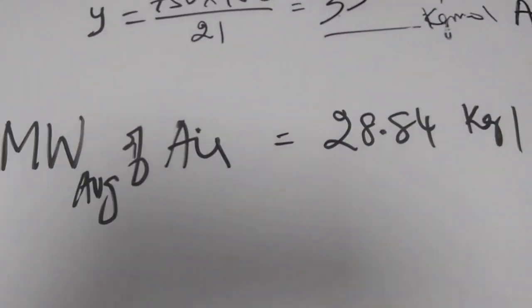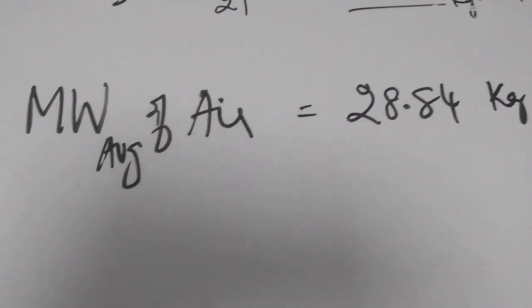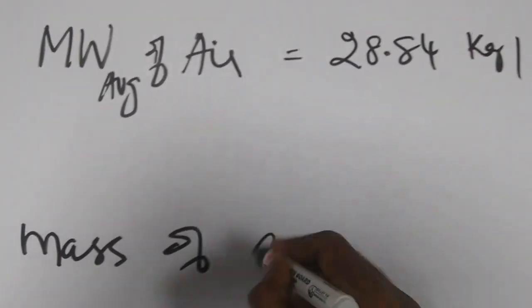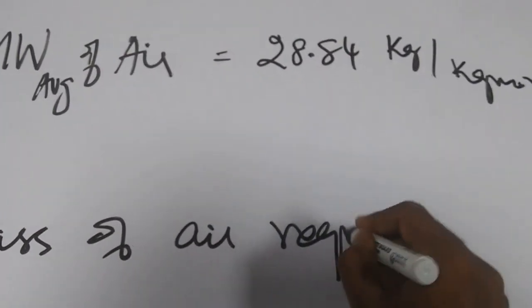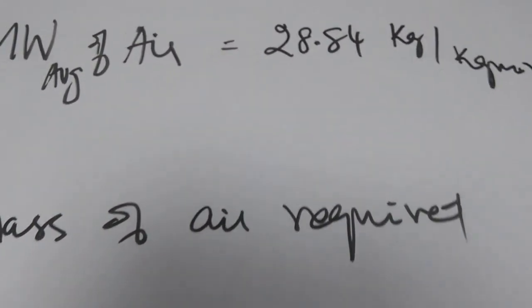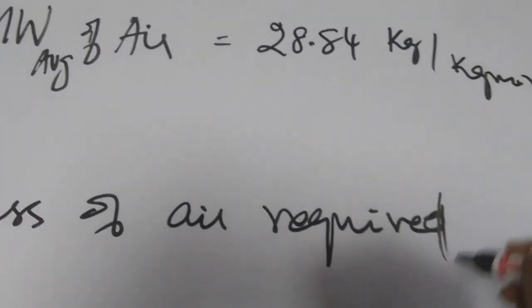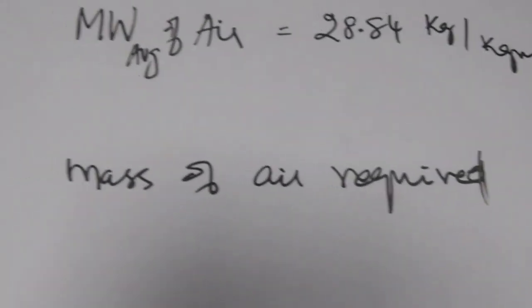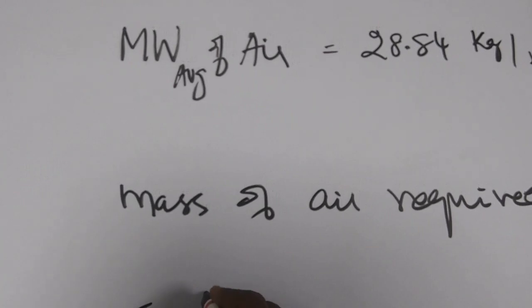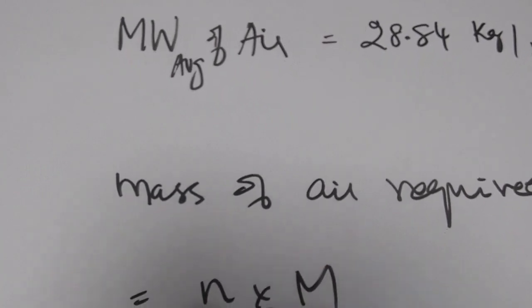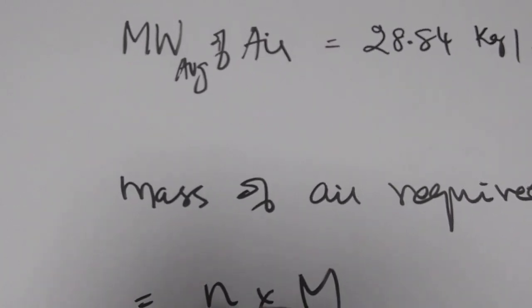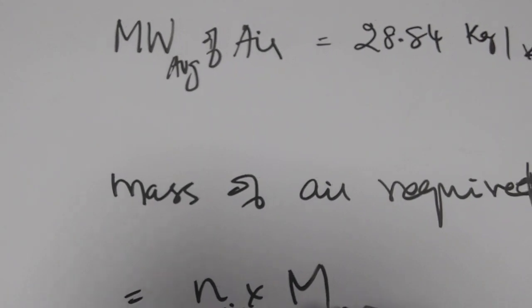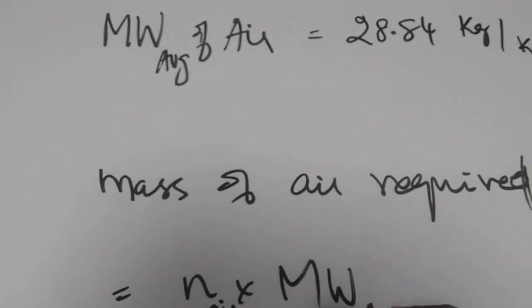So we can say the mass of air required is equal to N into M, right? Number of moles of air required times the average molecular weight of air.